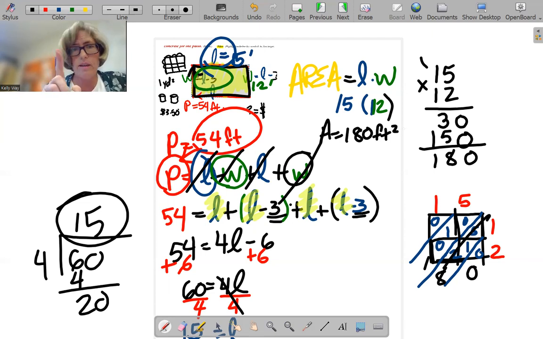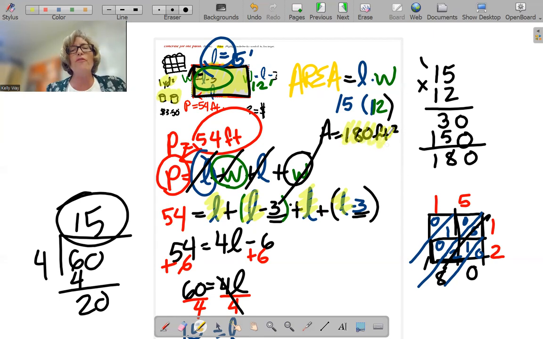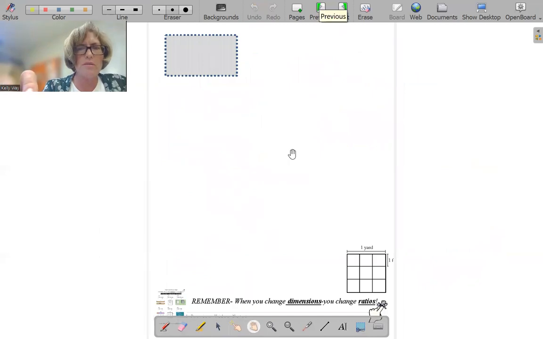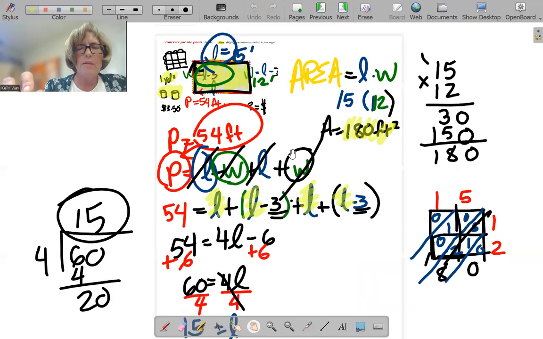Still not done. We know we need 2 bags of cement for every square yard. I have 180 square feet. Be very careful with this, friends. Oops, did I put that in the wrong place? I did. Okay.